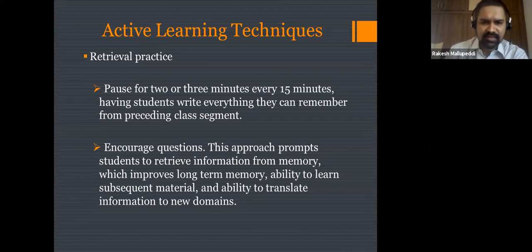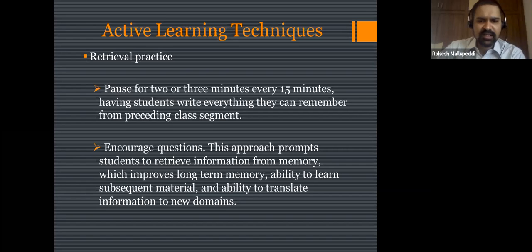So yeah, retrieval practice: pause for every 2 to 3 minutes, every 15 minutes. Have students write what they remember, encourage them to ask questions. This will help them retrieve information from memory, improves long-term memory, the ability to learn subsequent material, and the ability to translate information to new domains.